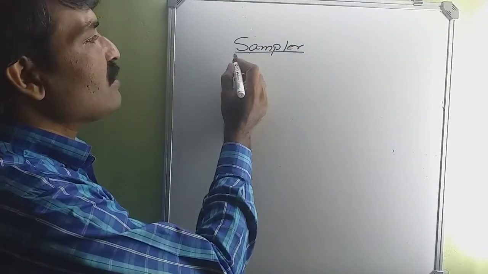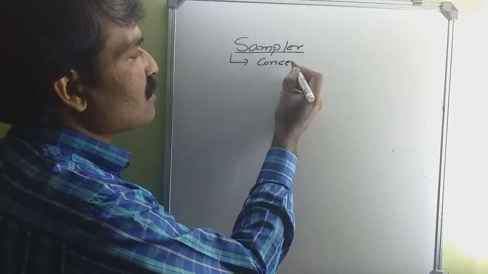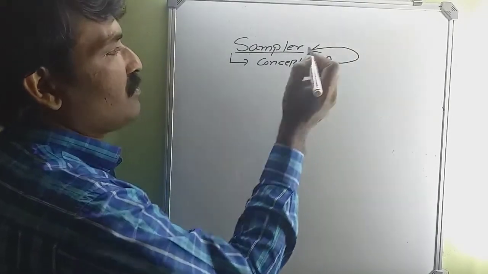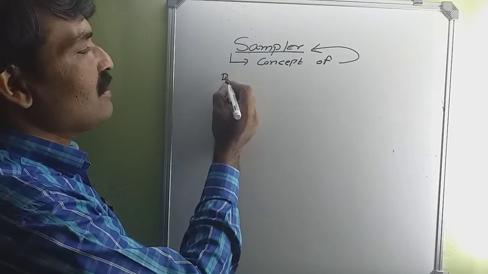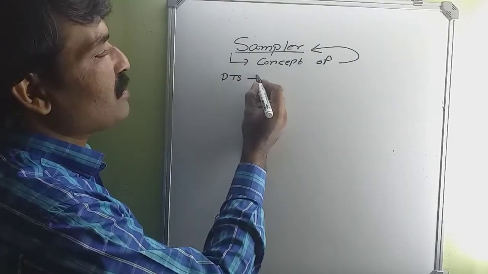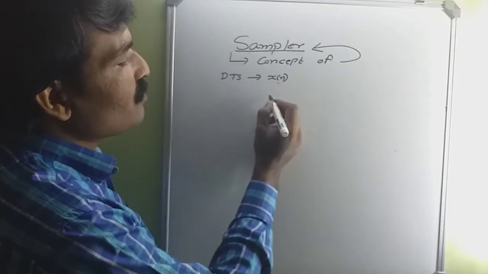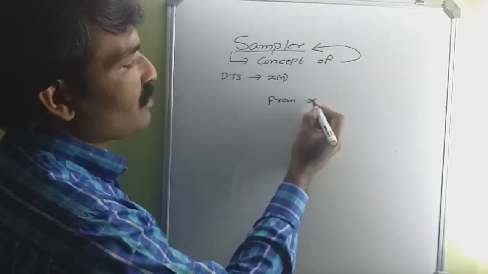Or actually, the concept of sampler. We know that the discrete time sequence, that is represented by x of n, we are getting the sequence from x of t.